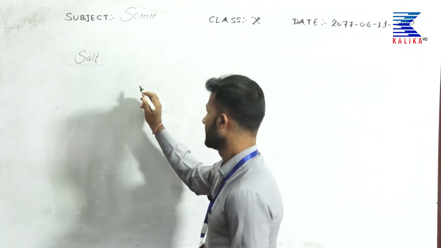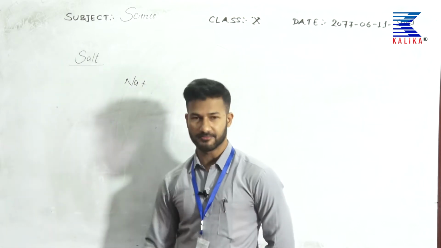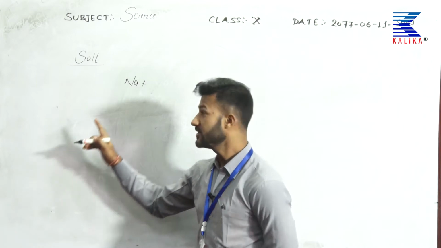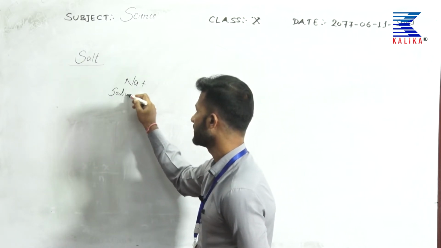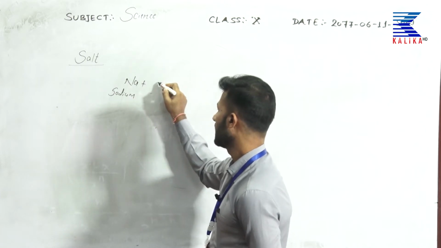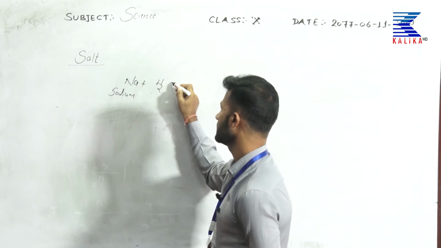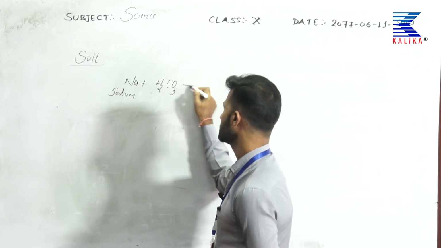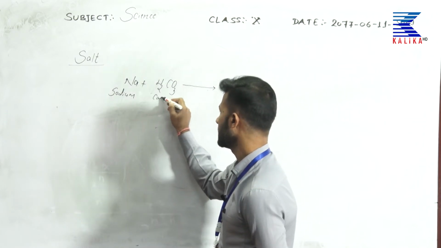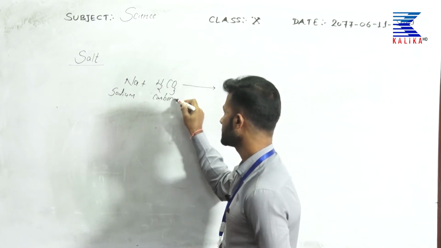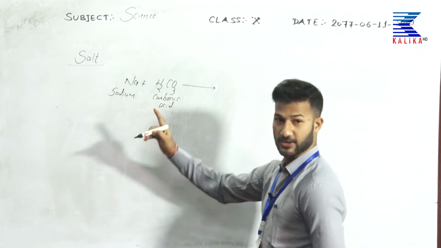See, this is sodium metal. You can see here, this is sodium metal. I may write here, sodium. And let me write one example of acid, H2CO3. This is carbonic acid. Look here, what is going to happen?